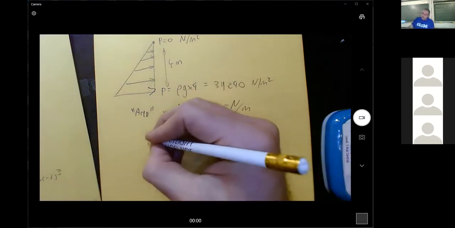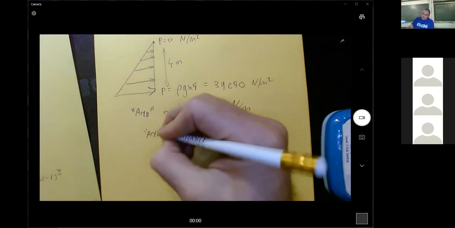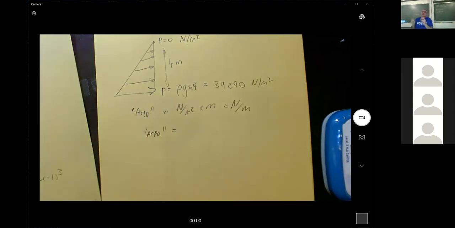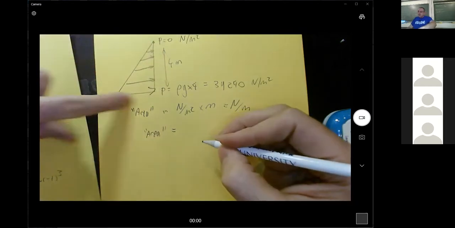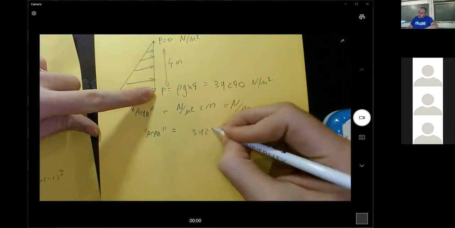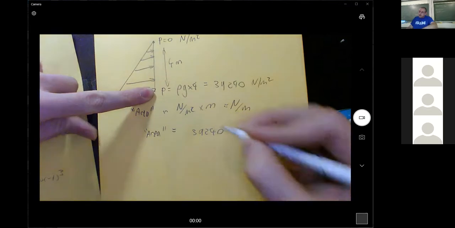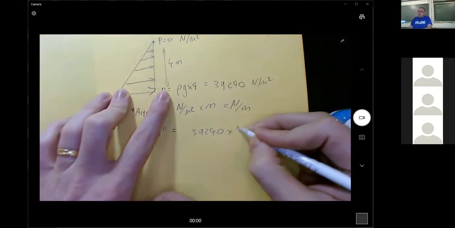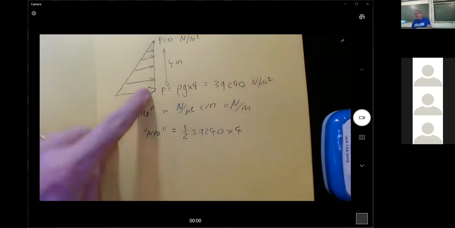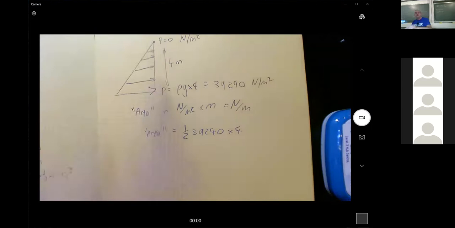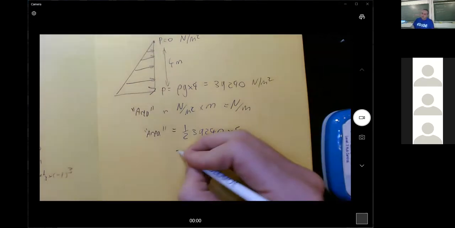Okay, so the area of the triangle, I'm just putting inverted commas because it's an area on my page, but it's not an area in the real world. So it's 4 meters, it's 39240 at the bottom, times the height, which is 4, and the area of a triangle is half of the base times the height. And it's a right angled triangle, so this is the base and this is the height, so that's fine.